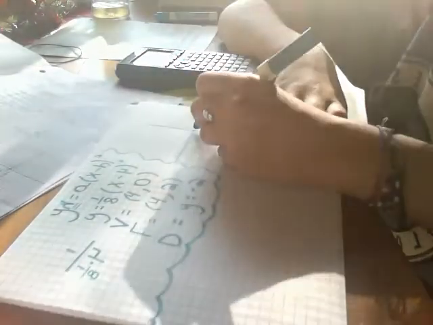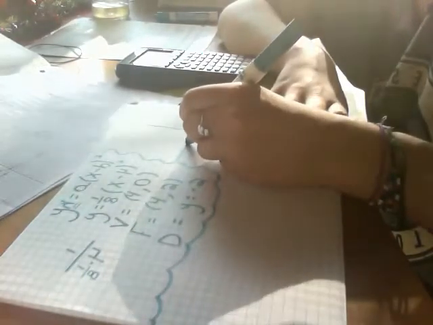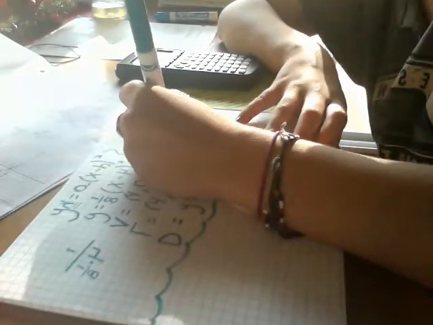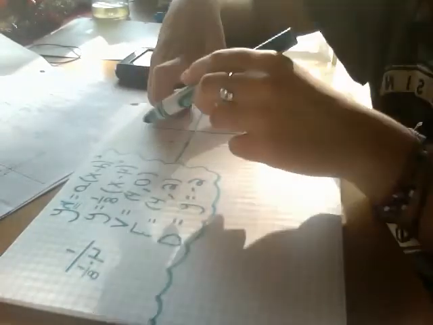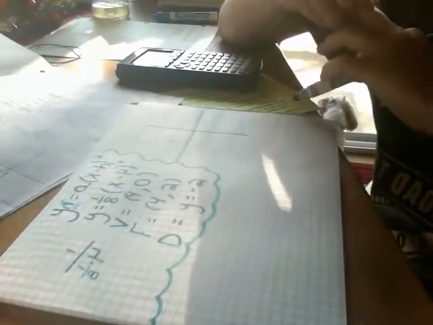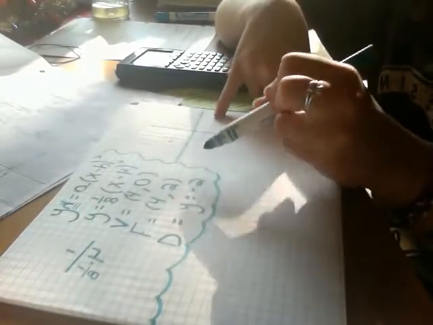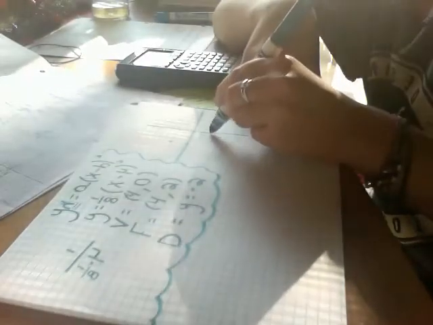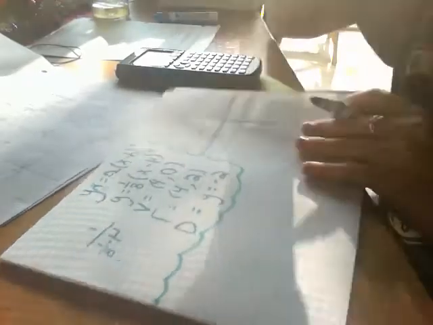So we're going to go over 4, 1, 2, 3, 4. Put a mark on it, and then we're going to go up 2. This mark just shows us where our parabola is going to go around and whether it's going to go up or down. So our parabola is going to go up. And then where the directrix is, it's -2. So you're just going to go down 1, 2, and make a dashed line.